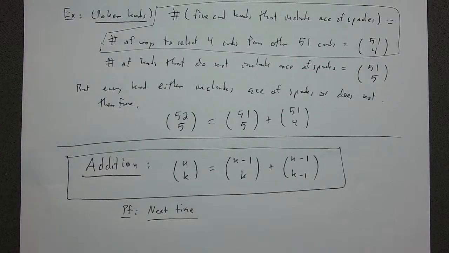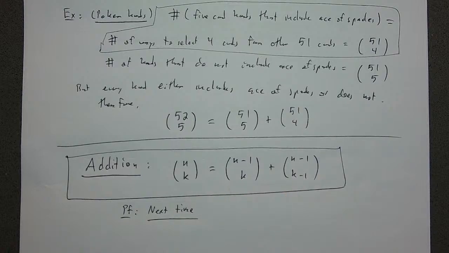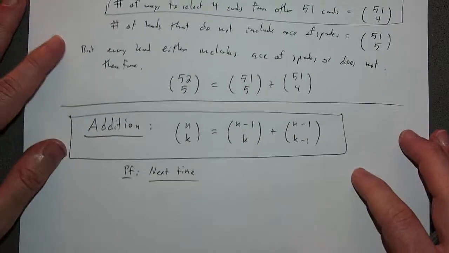I promised that we would prove this today. There are a number of ways to see this, but maybe the most direct way is to just write this out by expanding both of these in their usual factorial form and then doing a little bit of algebra. So let's do that.